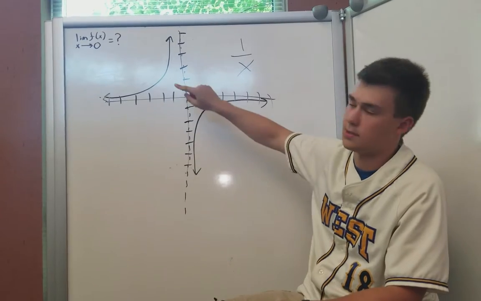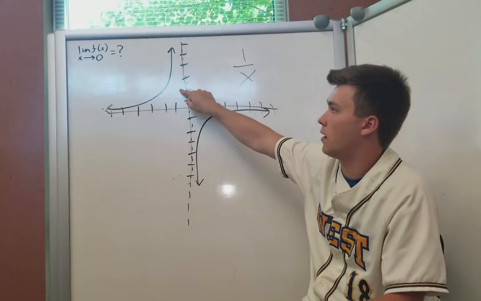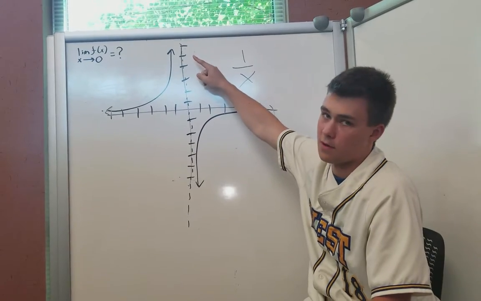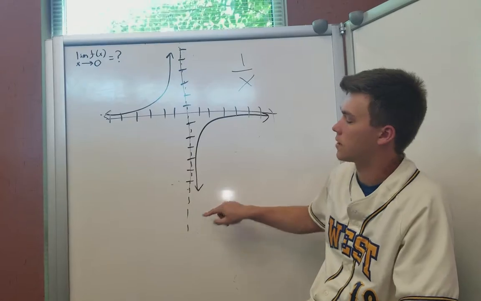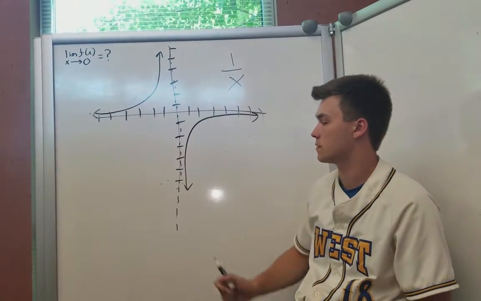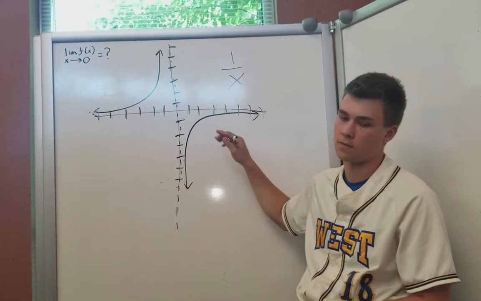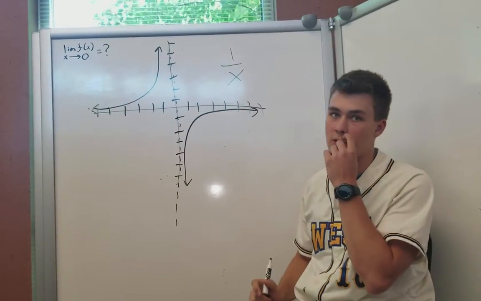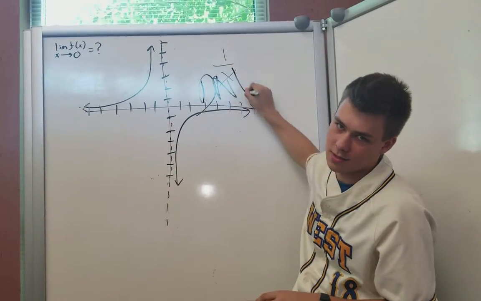If we look at the lines this graph makes, you can tell that as x approaches 0 from the upper half, it leads to infinity, and as x approaches 0 from the bottom half, it leads to negative infinity. So because, 1, we know there's an asymptote at x equals 0, and 2, the limit is approached from the left and right in different directions, we can tell that the limit does not exist.